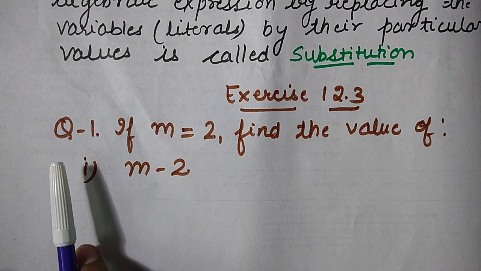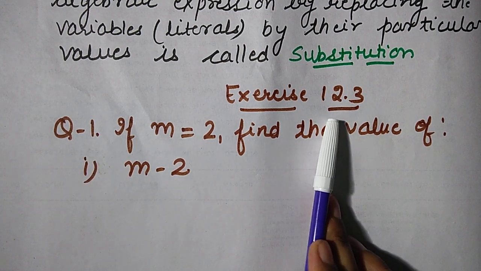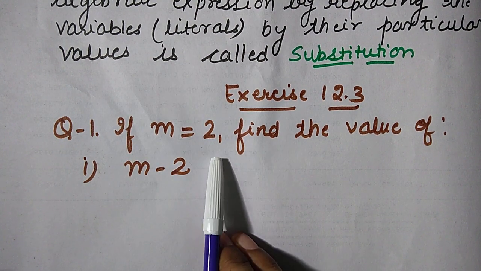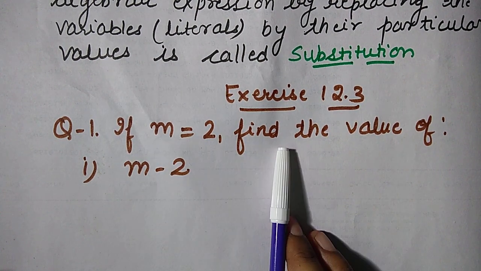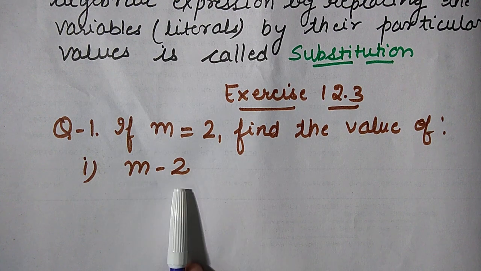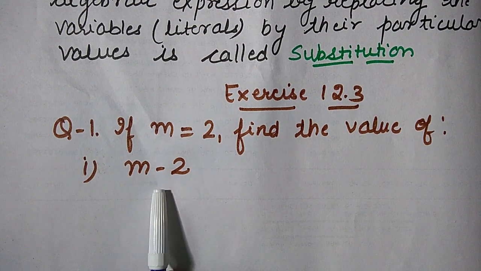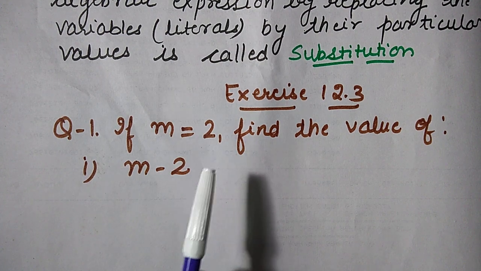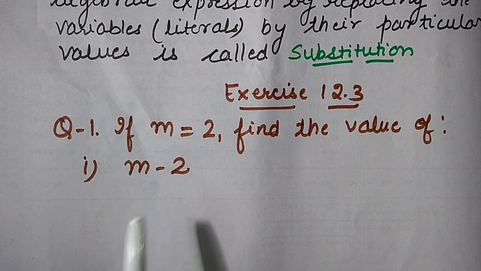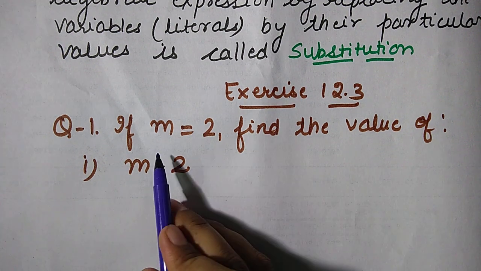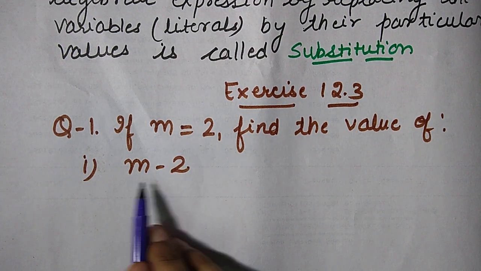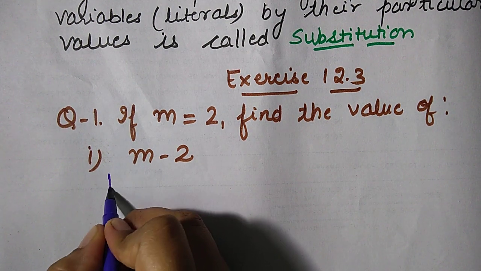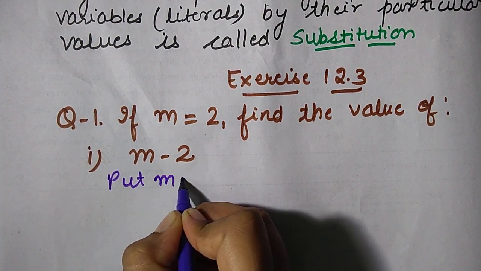So let us start with question number 1 of exercise 12.3. Question number 1 is, if m equals to 2, we have to find the value of m minus 2. This is an algebraic expression. The value of the variable is given and we have to find the value of the expression. Okay, so in place of m, I will substitute 2. So what you will write first? Put m equals to 2.